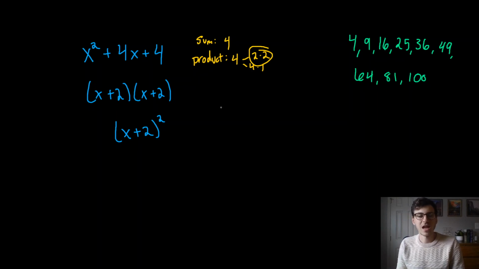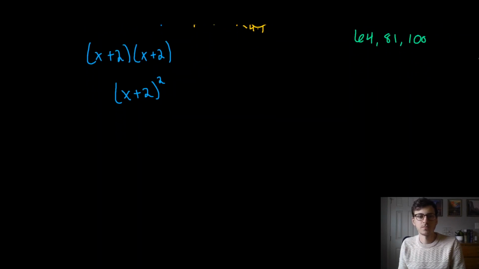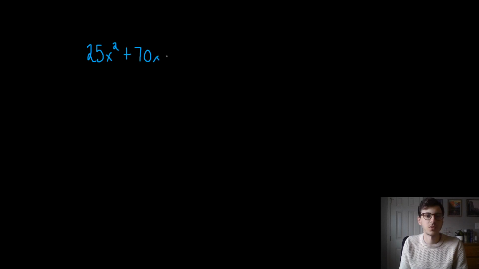Now, that's all well and good because it's actually quite easy to factor by itself. But what if you're given something like this? 25x squared plus 70x plus 49. Okay.